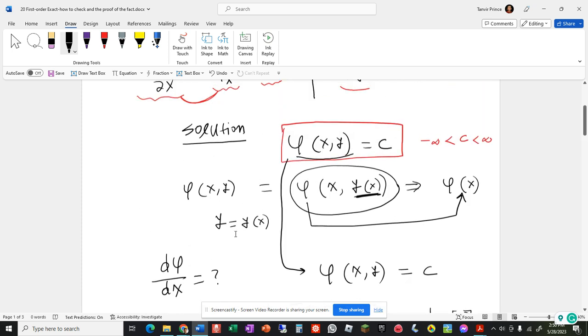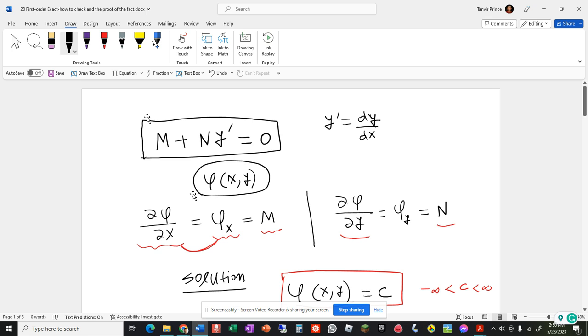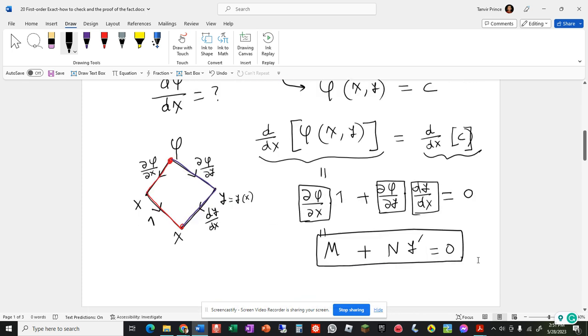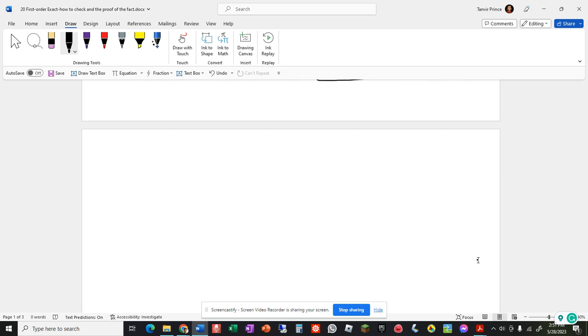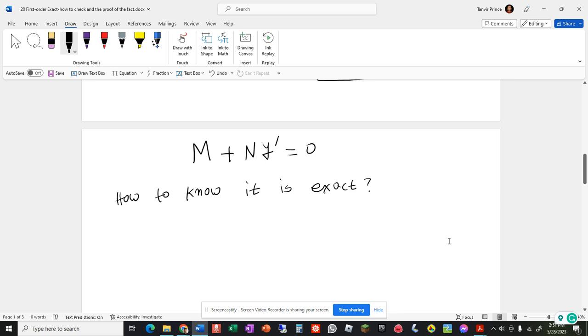Now, if I give you an arbitrary first order differential equation in this format, how do you know it is exact or not? How do you know that this is exact? So what is the definition of exact?